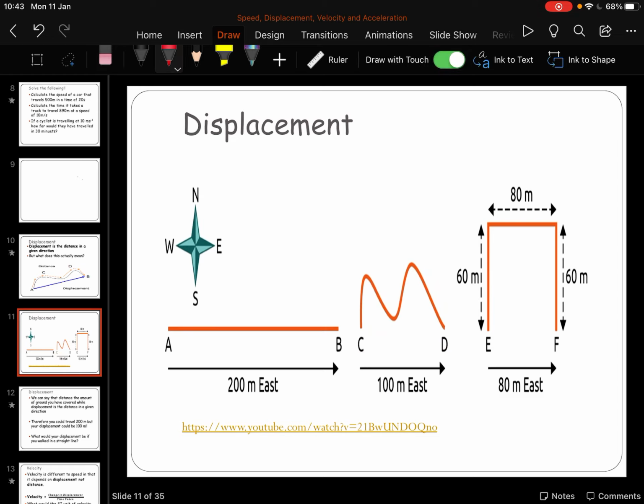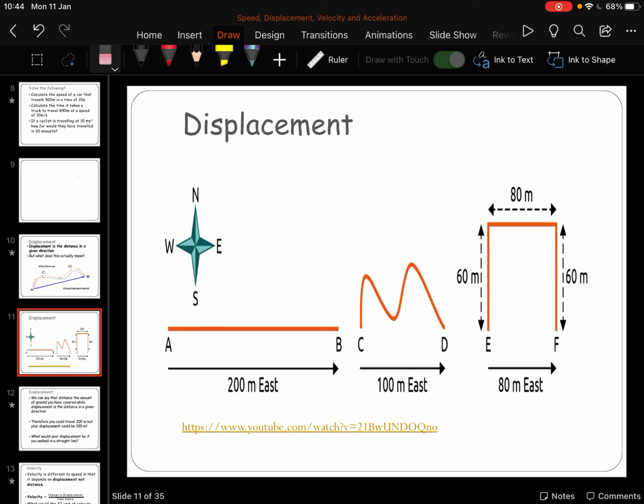Their displacement is simply 80 meters, but they went 60 meters north, 80 meters west, and then 60 meters again. So they went 60, 80, 60. Their distance was 200 meters. They walked 200 meters, but their displacement is only 80 meters. That's why they're different.